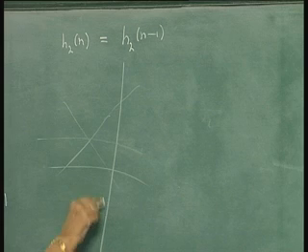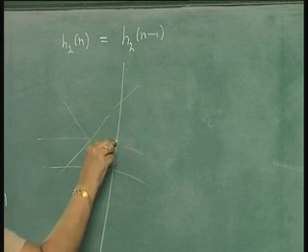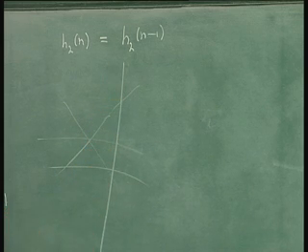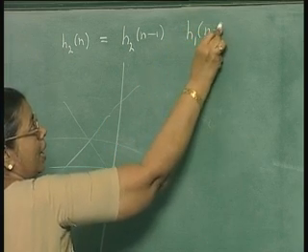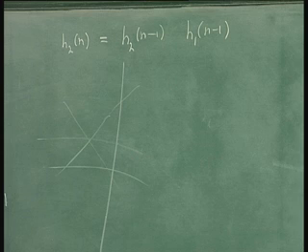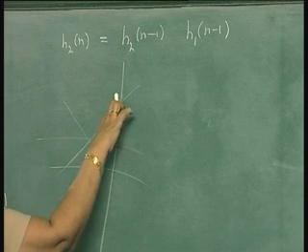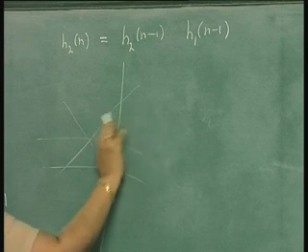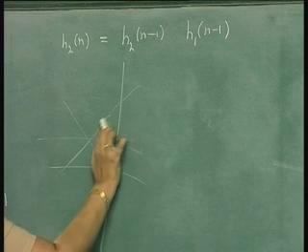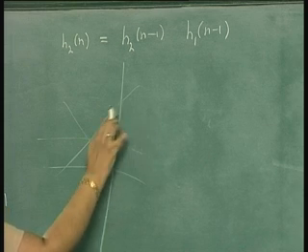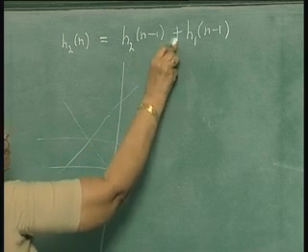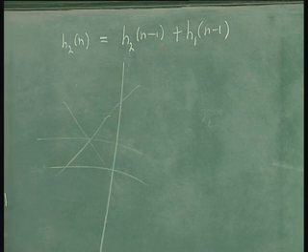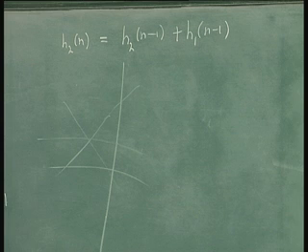So, how many line segments will the new one have? The new one will have H1 n minus 1 line segments, and each one of these line segments will divide an already existing region into 2 regions. So, it will add one more region to this. So, the recurrence relation is given by this: H2n is equal to H2 n minus 1 plus H1 n minus 1.